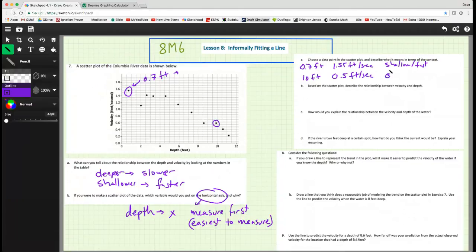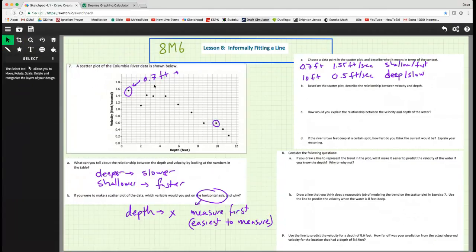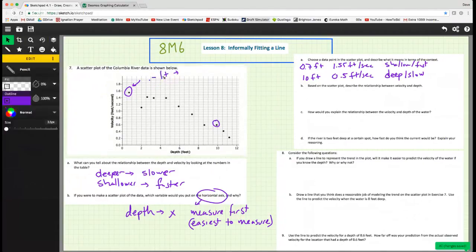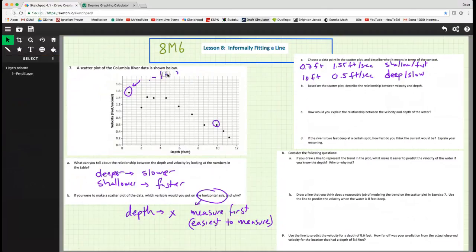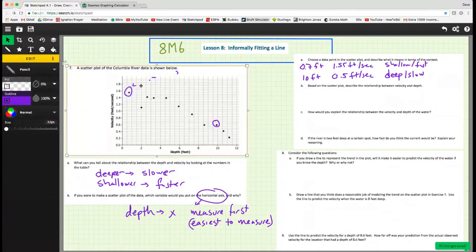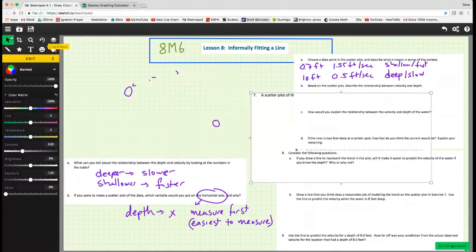So it's deep and slow. Okay, so based on the scatter plot, I'm going to get rid of these things so we can actually, whoops. I'm going to do it like this again.